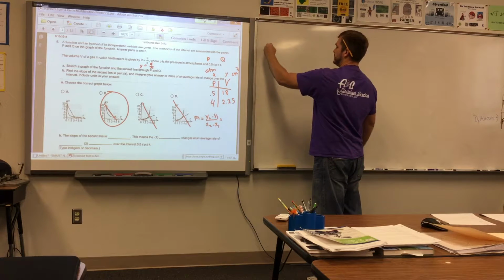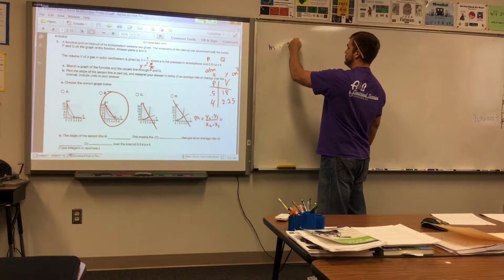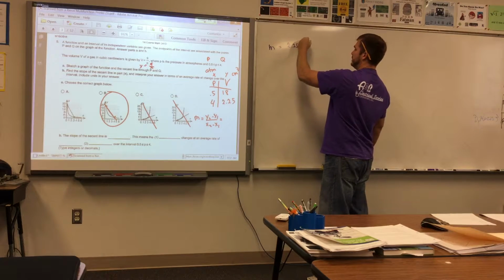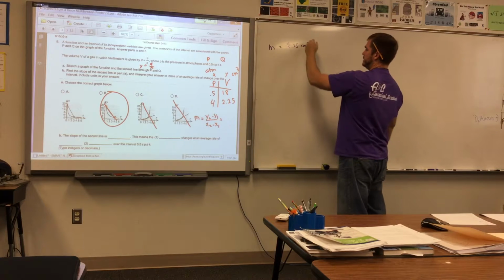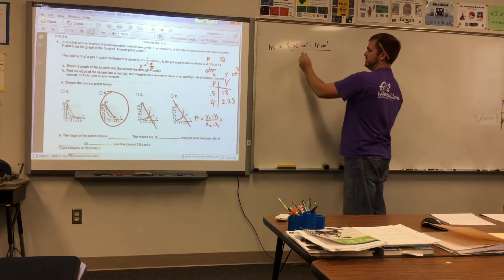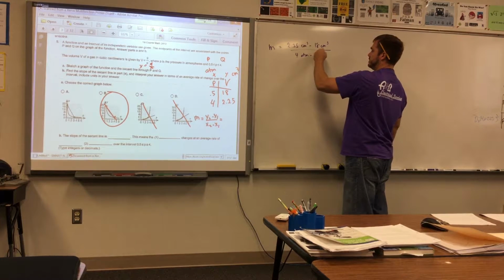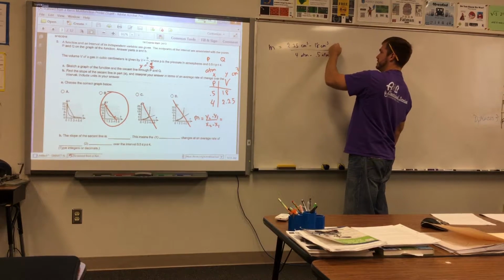So when I calculate the slope, that's going to be y2, so it's 2.25 cubic centimeters minus 18 cubic centimeters over 4 atmospheres minus 0.5 atmospheres.